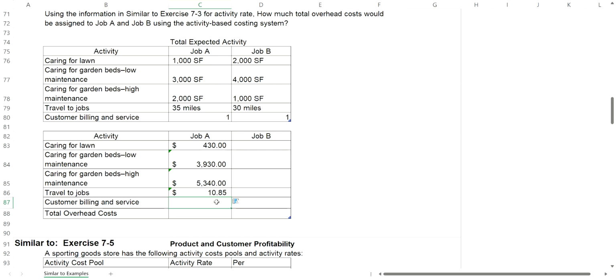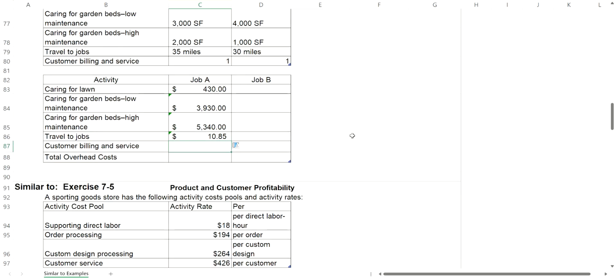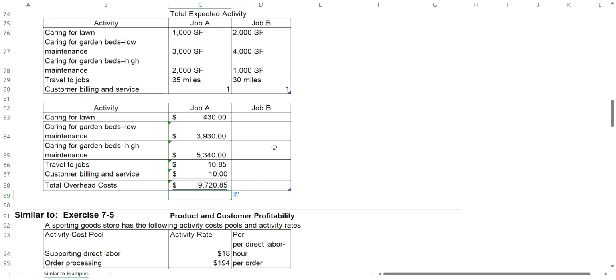And for customer billing, there was one customer at $10 per customer, so that would just be $10. Okay, I will go ahead and add that together. And overhead being applied to job A would be $9,720.85.